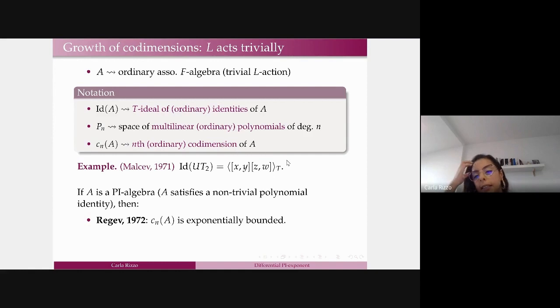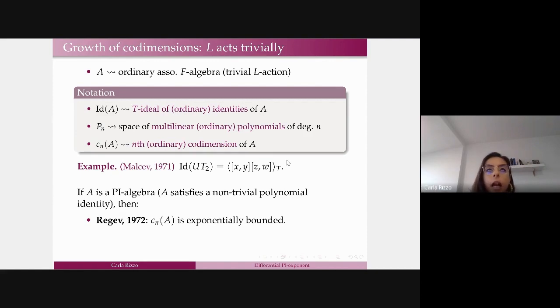Now, a classical problem in PI theory is that we cannot determine the codimension sequence for most algebras. Since the codimension sequence tells us information about the growth, a really classical question is to try to study it at least asymptotically.